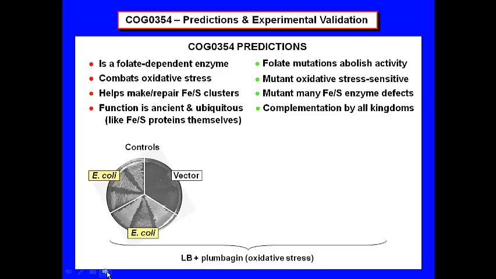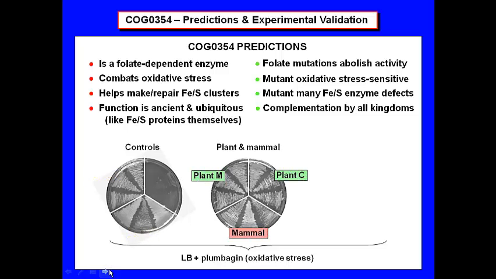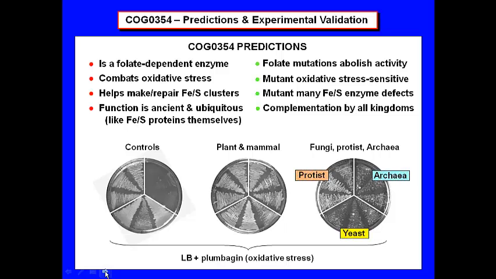That's what the wild type would look like if it were on there. If you replace the E. coli gene in the plasmid with the plant mitochondrial, the plant chloroplast, or the mammalian gene, everything still works fine, so you can complement with plant or animal genes, and you can do the same, not quite so well, with fungal, protist, and archaeal genes.